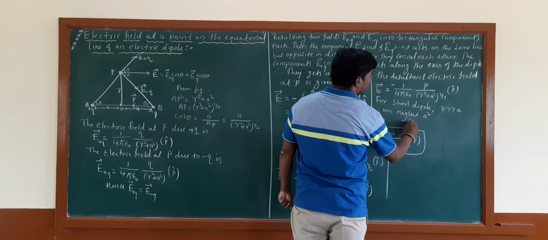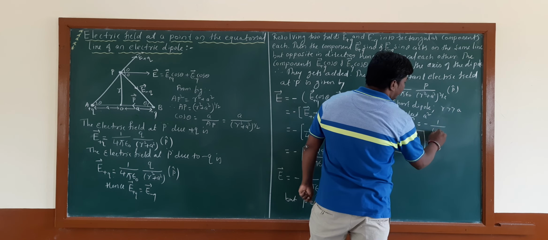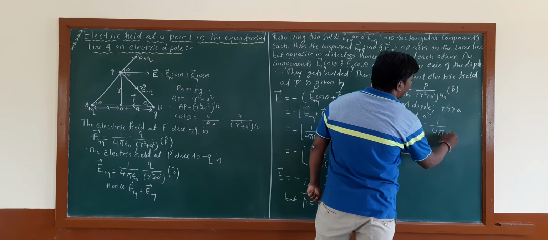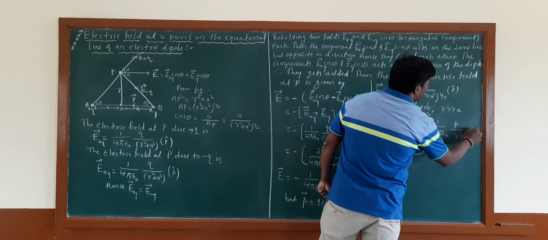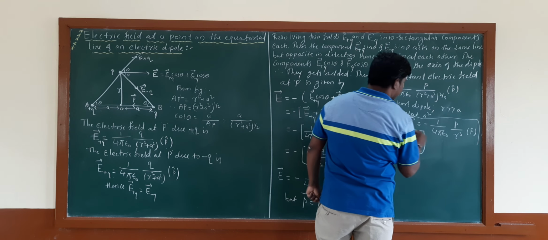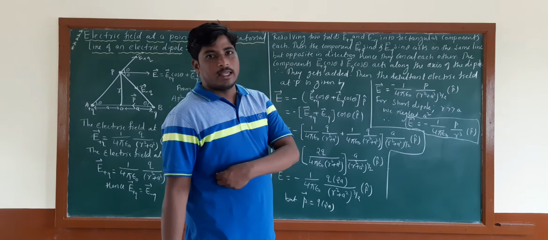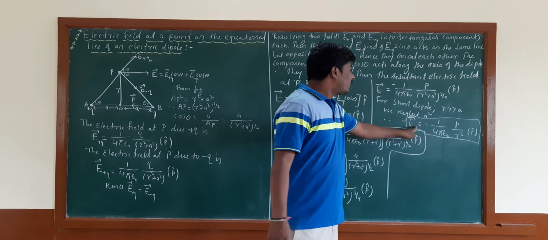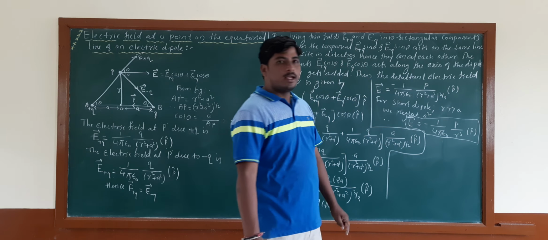Therefore, we write E is equal to minus of 1 by 4 pi epsilon naught P divided by R cube, P cap. Right? So this is the expression for the electric field at a point on the equatorial line. E is equal to minus of 1 by 4 pi epsilon naught P divided by R cube.